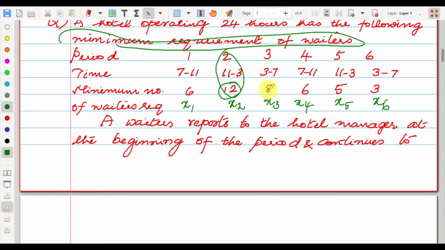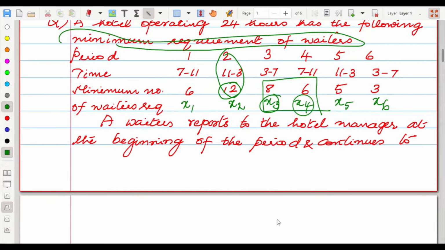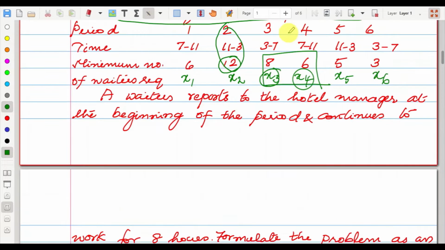Okay. During the next period, we are having this many workers. That is, we need to add x3 and x4. So we can add x3 plus x4 because our constraint is a waiter reports to the hotel manager at the beginning of the period and continues to work for 8 hours. That means the worker before this time period will be present at that time.